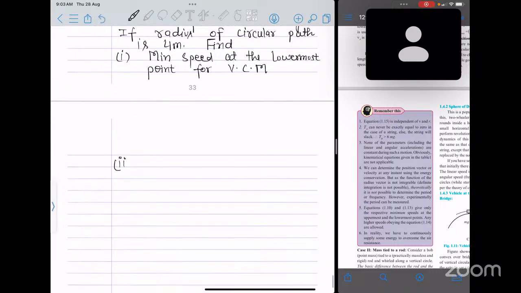Second, tension at lowermost point in case first.